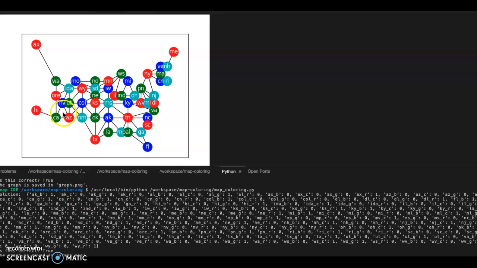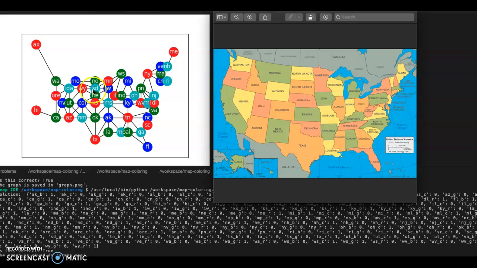And pretty sure it did the exact same colors, but once again, none of the states that actually touch have the same colors. So New Hampshire and Rhode Island, while they kind of look similar, they don't actually touch. They're not neighbors, so they can have the same color.